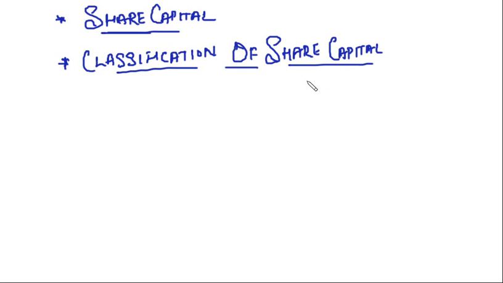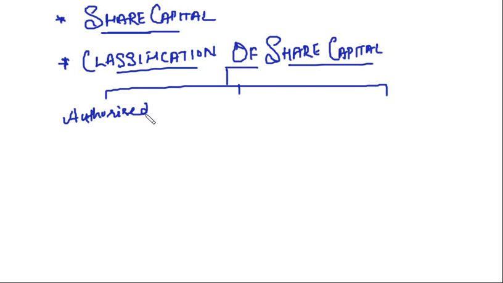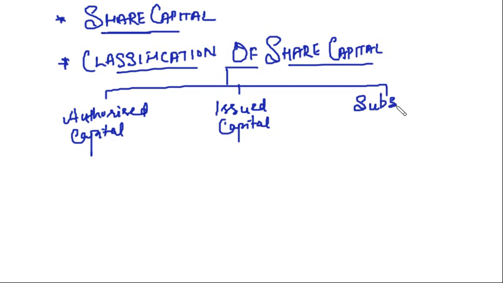Now, if I talk of share capital, I have three types of share capital. One is authorized capital, the second one is issued capital, and the third one is subscribed capital.